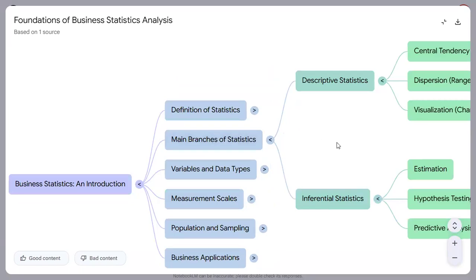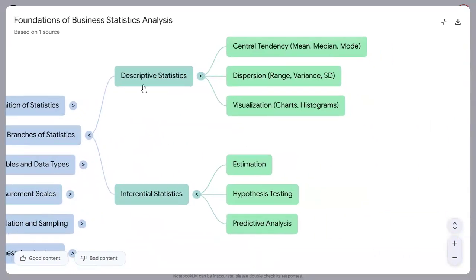In the main branches of statistics, there are two. First one, descriptive statistics, and inferential statistics. Under descriptive statistics, we will talk about central tendency. It includes mean, median, mode, and dispersion or variation.